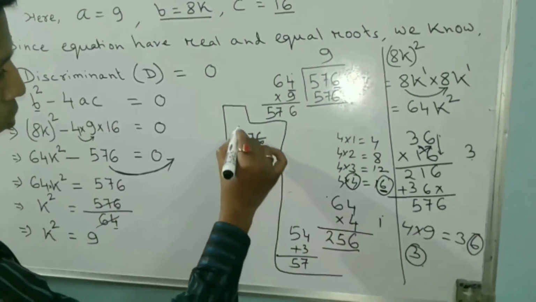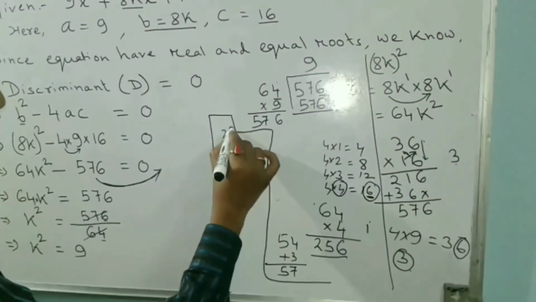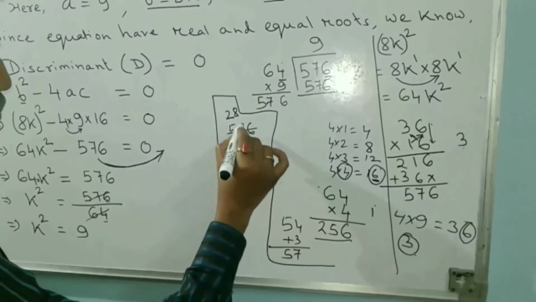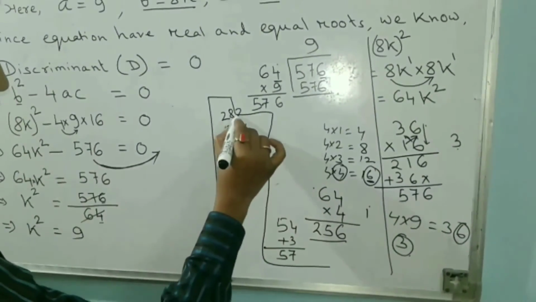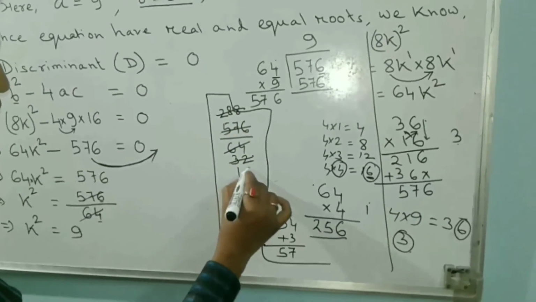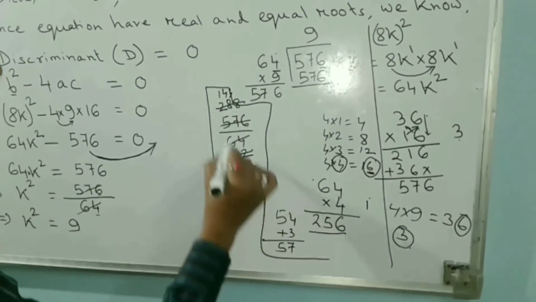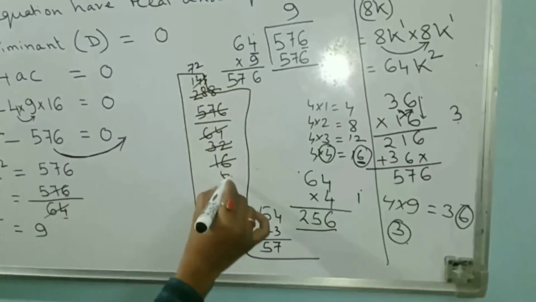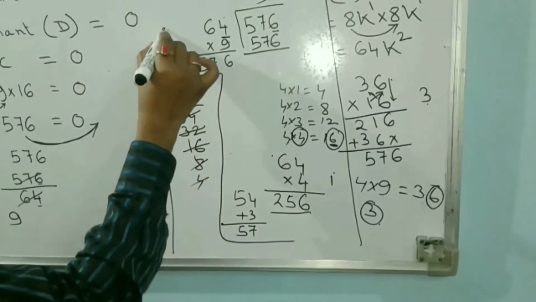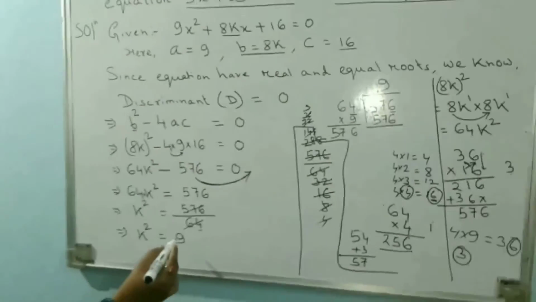Similarly, dividing this one by 2, 2 twos are 4, carrying 1, so it becomes 17. 8 twos are 16, 17 minus 16 is 1. 8 twos are 16. So similarly you can simply divide both numbers by 2. So 288 over 32, 144 over 16, 72 over 8, 36 over 4, and 4 nines are 36. This also you can do. So k square we got 9.